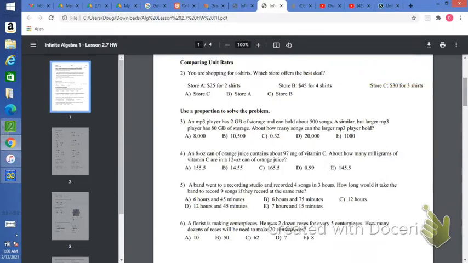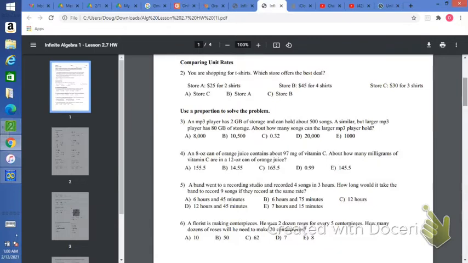Okay, we're going to look at number 3 now. So now we're going to use proportions to solve the word problem. An MP3 player has 2 gigabytes of storage and can hold about 500 songs. A similar but larger MP3 player has 80 gigabytes of storage. How many songs can the larger MP3 player hold?